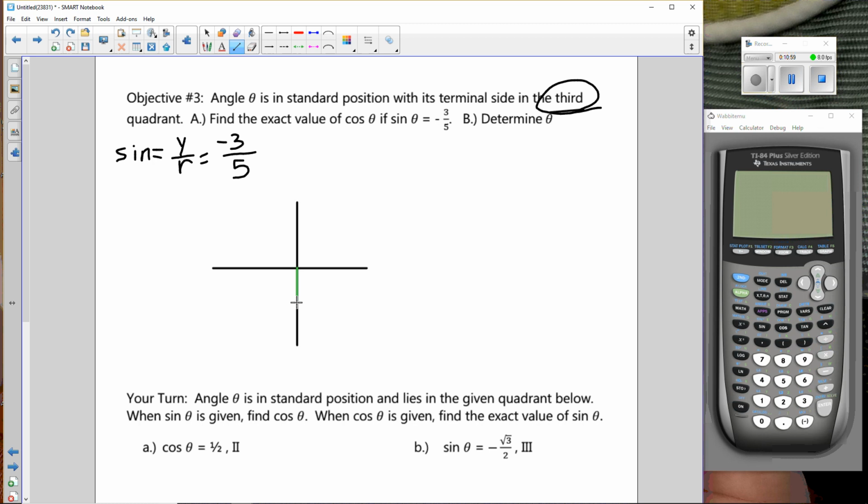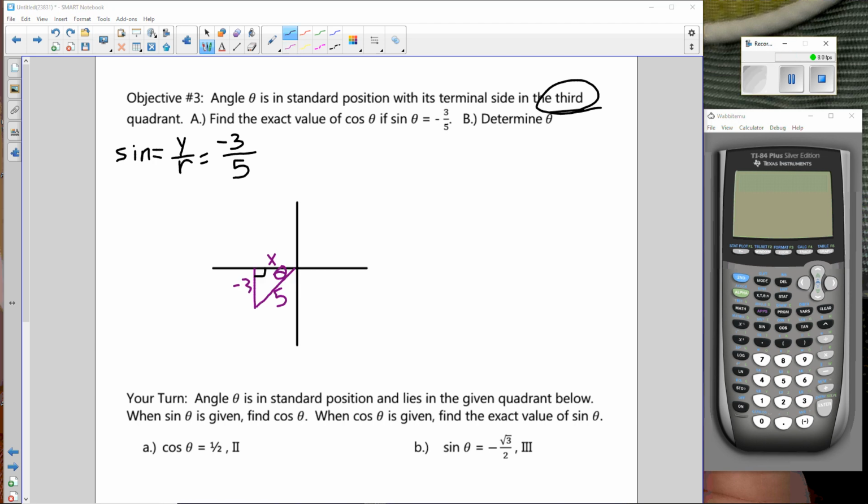And we know the radius is 5 units. We're just estimating here. It doesn't really have to be drawn to scale. And we don't know what the x-coordinate is. And of course, my theta is the reference angle there, formed at the x-axis.